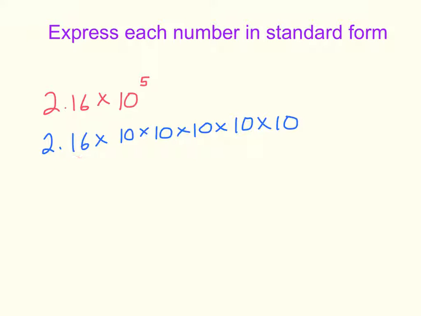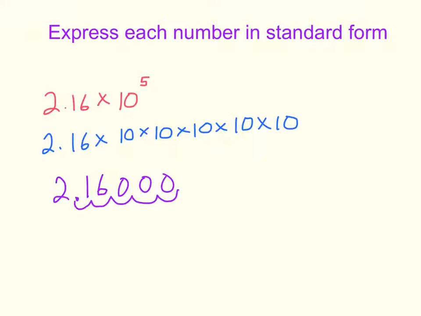It's 2.16 times 10, 5 times, because that's what 10 to the fifth power means. Now I know that anytime I multiply a number by 10, I just move the decimal one place to the right. So that makes sense that if I'm multiplying a number by 5 tens, I'm going to move my decimal 5 places to the right. 1, 2, 3, 4, 5.